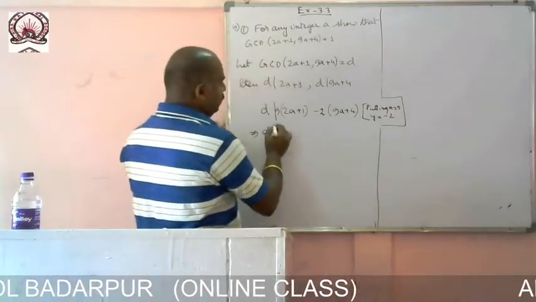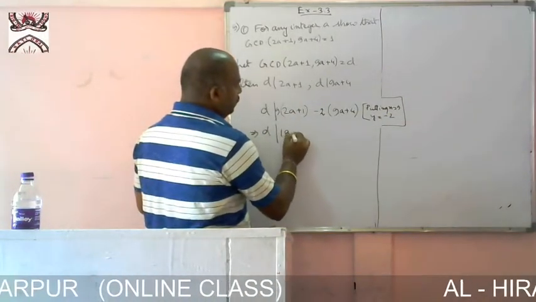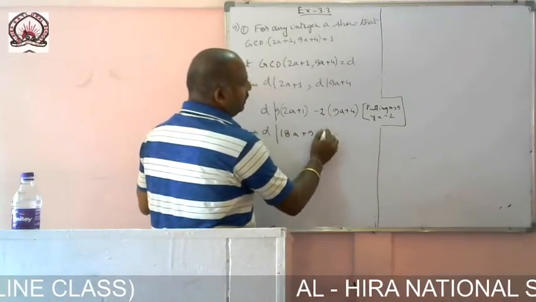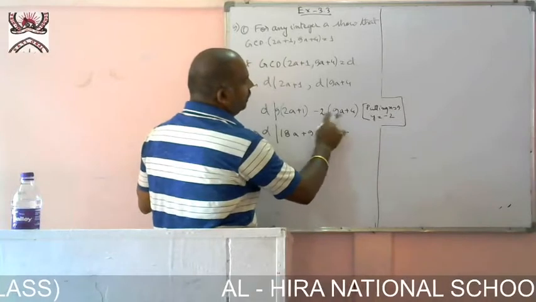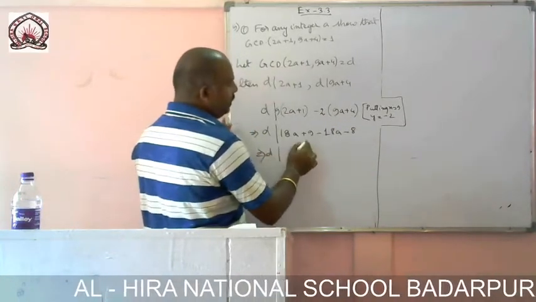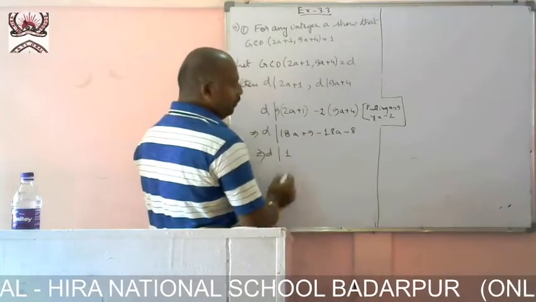Then we get 18a plus 9 minus 2 into 9, 18a minus 2 into 4, 8. So it implies D divides 18 minus 18, we are getting 1.